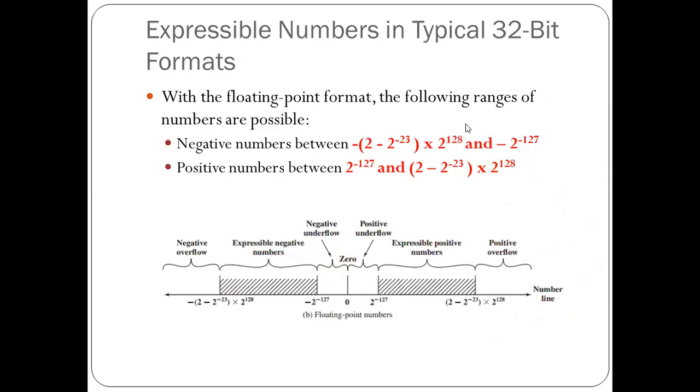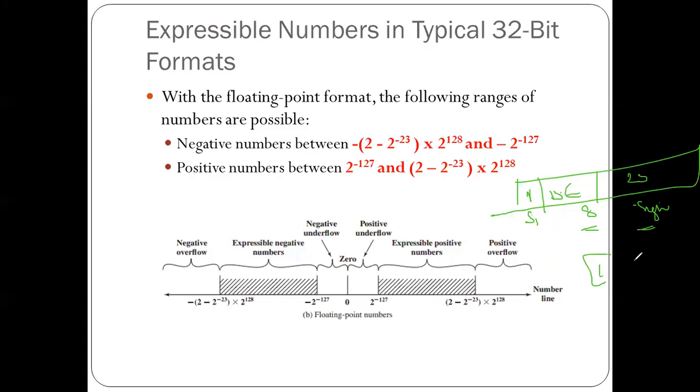Now for floating point 32-bit formats, we know there is 1 sign bit, 8 bits reserved for the exponent, the biased exponent, and 23 bits reserved for the significand. We have concluded that the significand range is 1 to approximately 2.